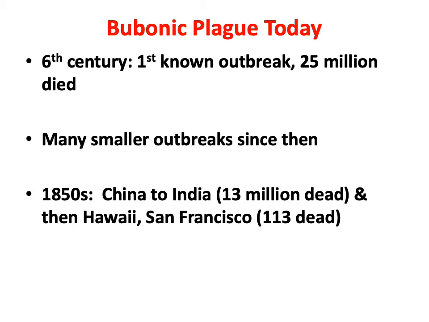In terms of the United States, in the 1850s, there was a major outbreak of bubonic plague in China, and then that moved to India, where 13 million Indians died, and then it moved on ships to Hawaii, and eventually San Francisco, California, where 113 people died of bubonic plague.